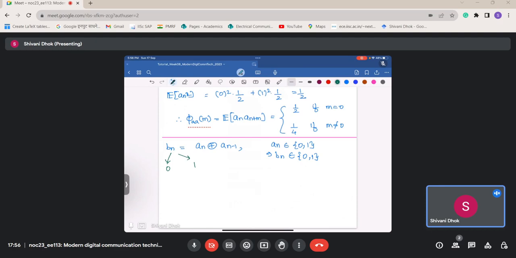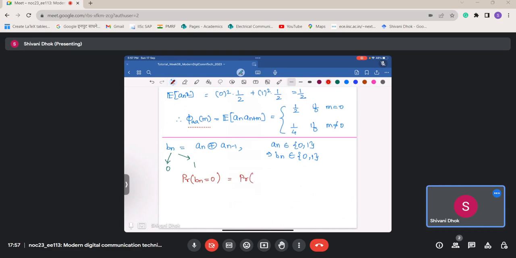So now what we'll do is we'll take probability that B_n equal to 0.